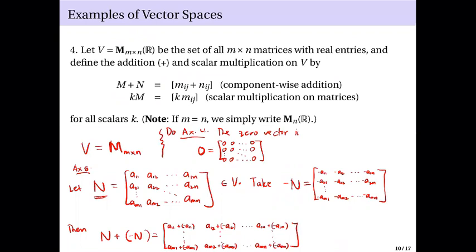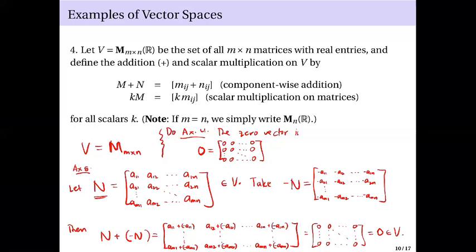A11 plus negative a11 is just 0. The aij's are all real numbers, so if you add a real number to its negative, you get the real number 0. So you will end up with the 0 matrix here.